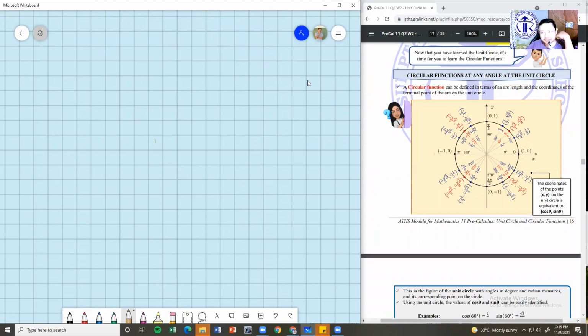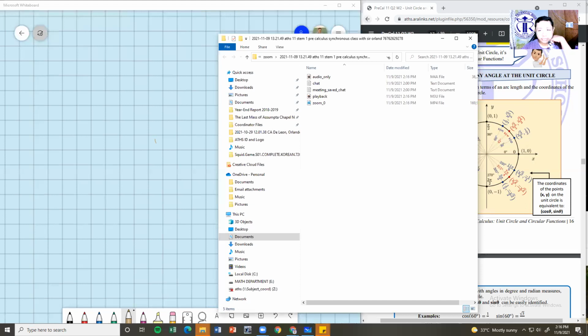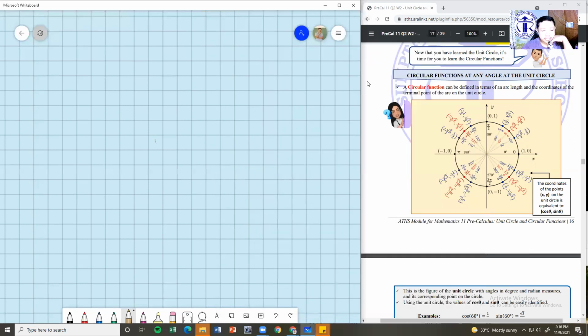Ready? Okay. Now, let's do this. For you to be helped, you need to have a copy of this unit circle. This is the unit circle that we will be using to understand circular functions.